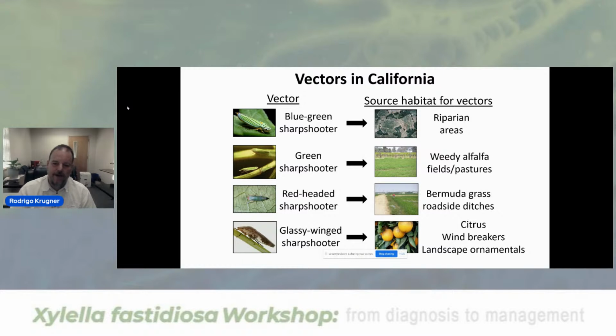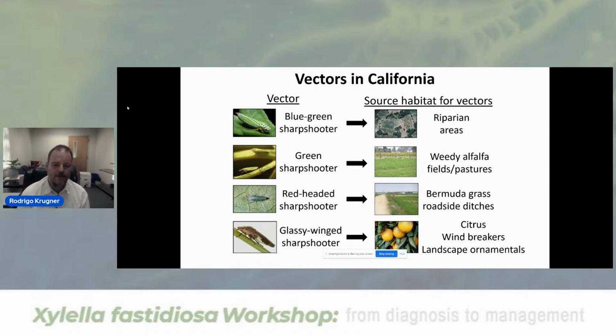Grapevines in California go dormant during the year. So the leaves drop off, the plant doesn't do much, physiologically speaking. So the vectors have to move out to overwintering sites. Blue-green sharpshooters up north usually go to riparian areas. So if there's a creek or a river and there's vegetation close to the river, that's where they go to overwinter.